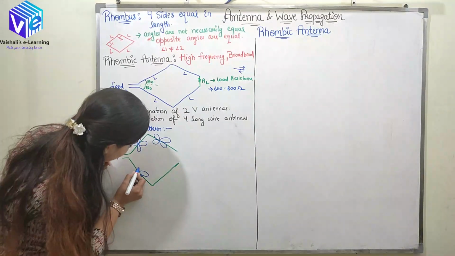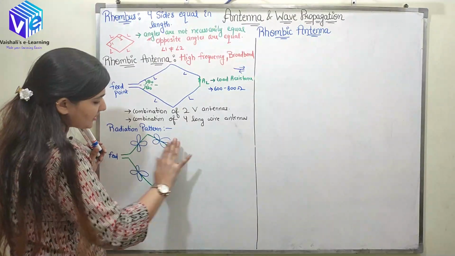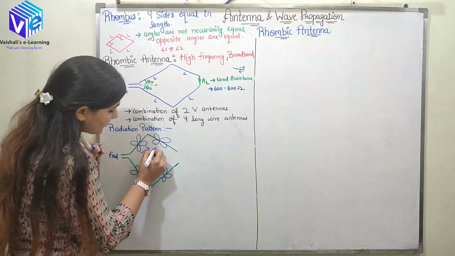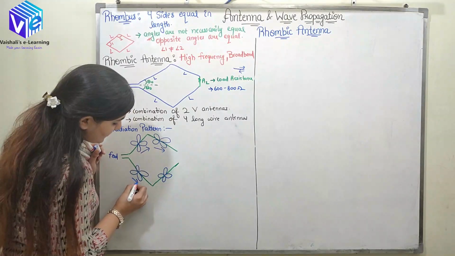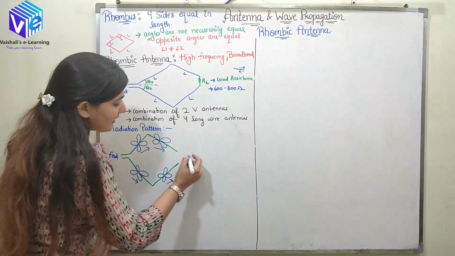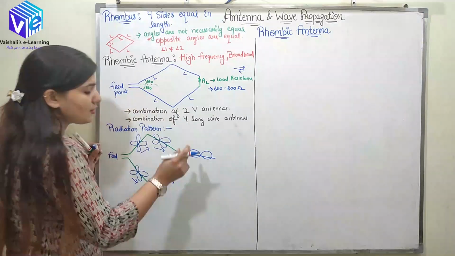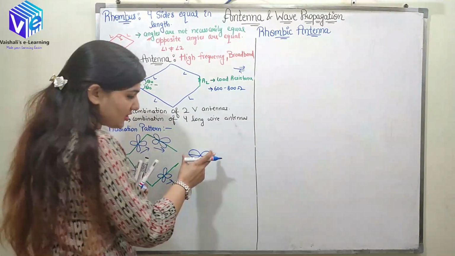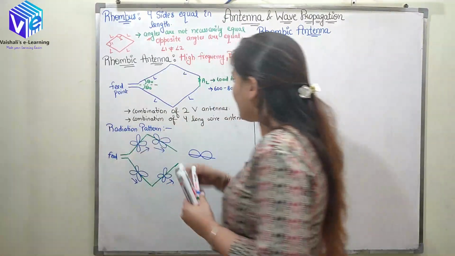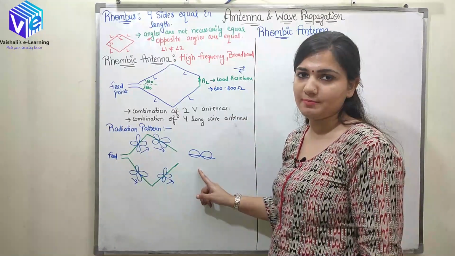So all of the radiation patterns, in this direction, this direction, this direction, this direction, will get added up and I'll get a radiation pattern like this. So it's a bidirectional radiation pattern. Whenever load resistance is not present, I'll get a bidirectional radiation pattern.